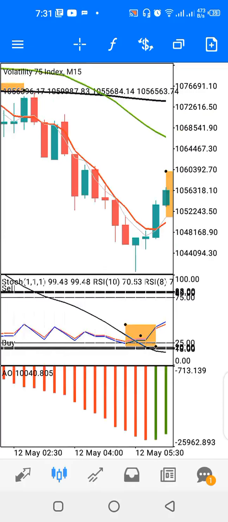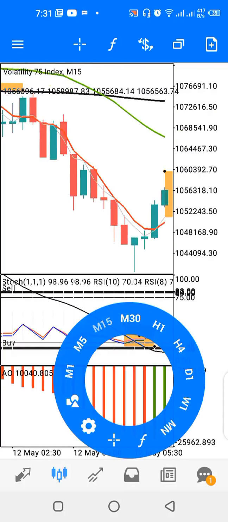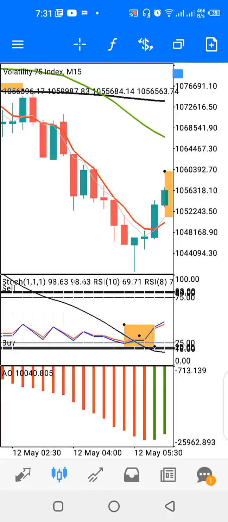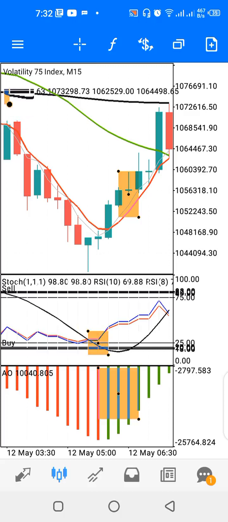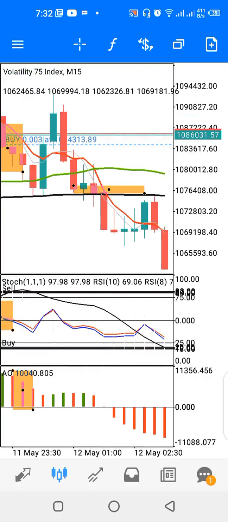For my buy, I'll be having bearish below the 0 level, the oscillator 0 level. Then when I have it turned to bullish like we have around here, then I look for my buy entries. I'll check what's happening on the indicator window 1, then I'll check what's happening on the main chart, and I enter my trade confidently. So that's just it.